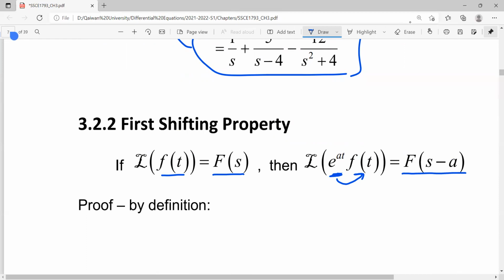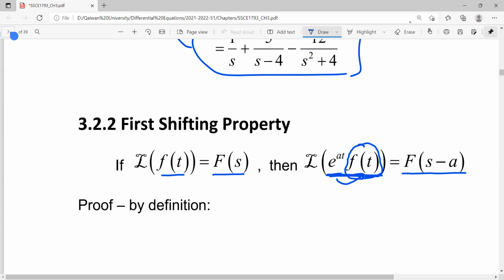That means if we have an exponential function multiplied by another function, we find the Laplace transform of f of t, and then replace each s by s minus a.